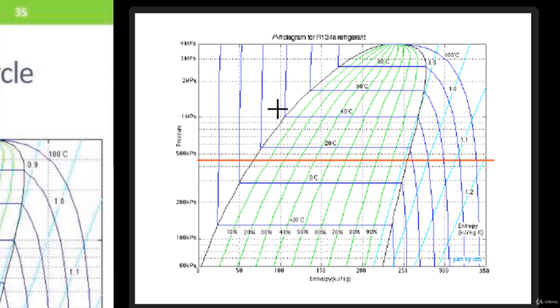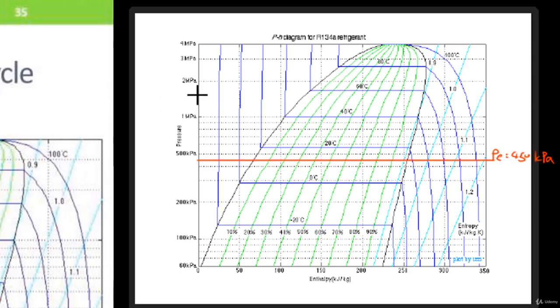So you may want to just draw a line first to represent this PE, which is equal to 450 kPa. And similarly, go and draw the condensing pressure line, which is 1.4 MPa.